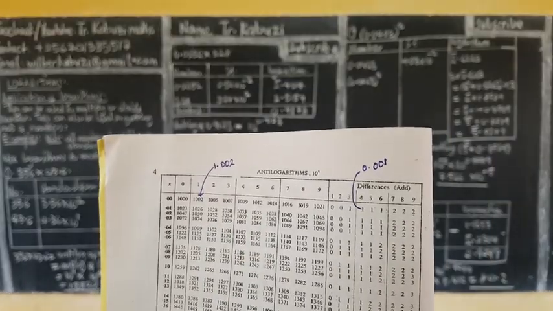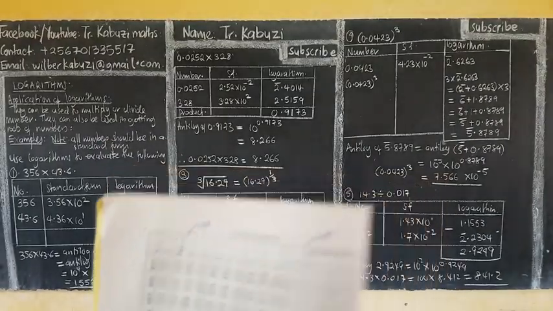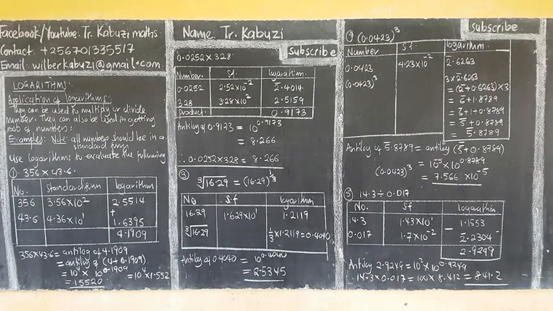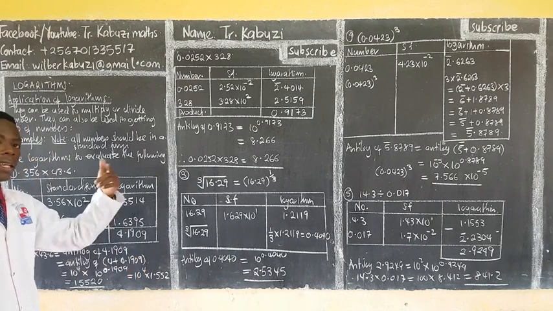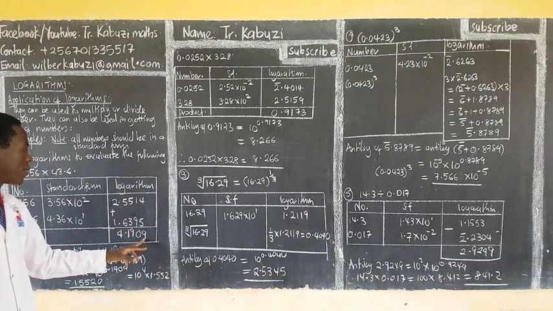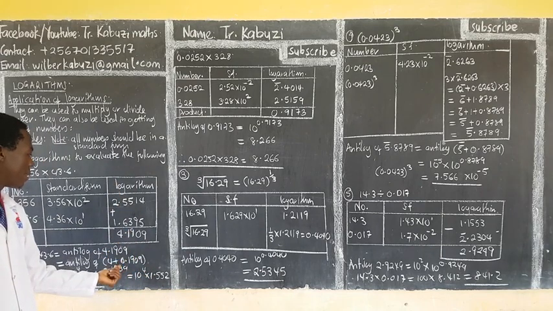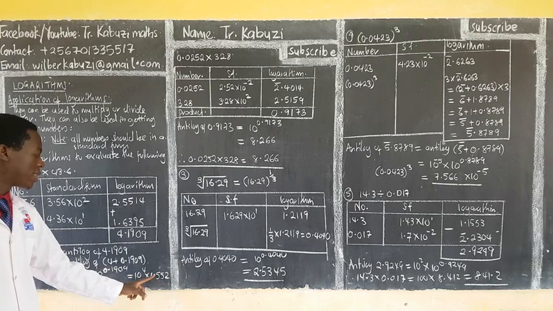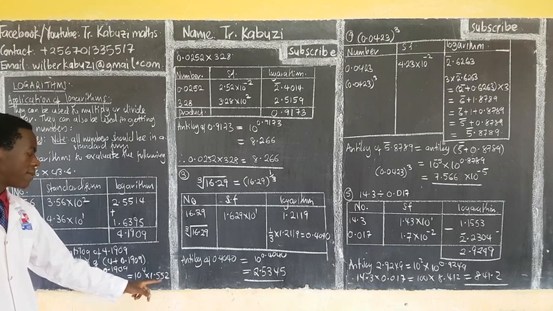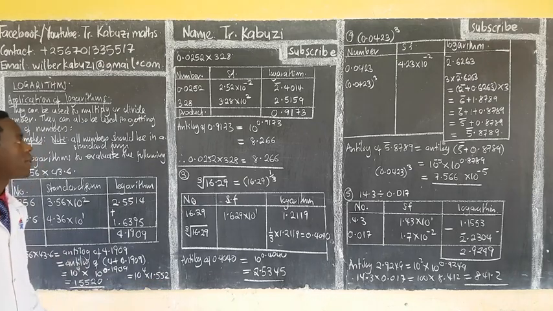So this will now be 1 point 1.552. We added under 9 the 3, and we get 155, but we say it's 1 point. That's what we get there.